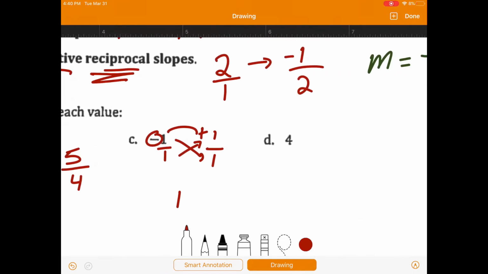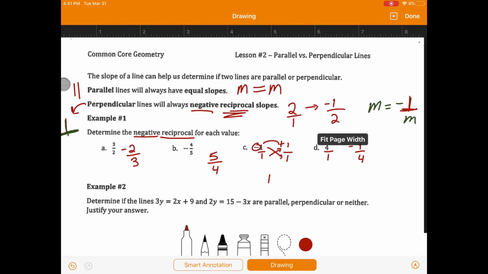And then 4 is really 4/1. So that means the reciprocal is going to be 1/4, and the negative reciprocal is going to be -1/4.